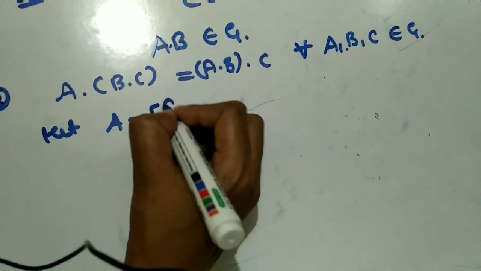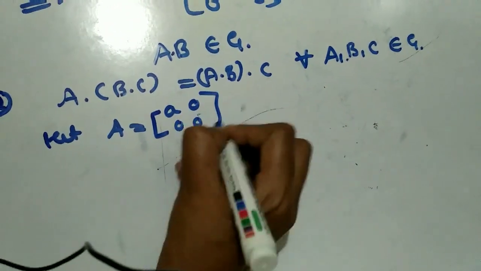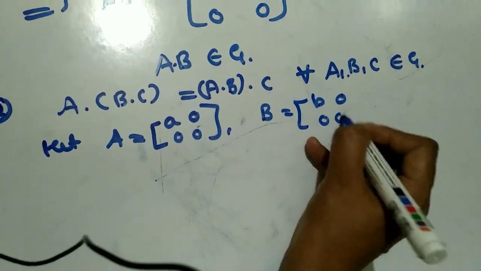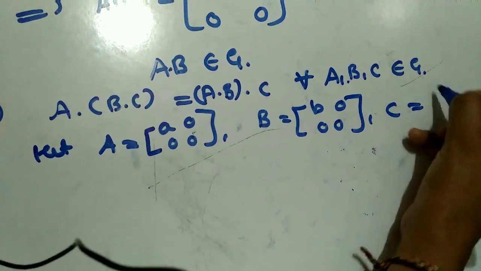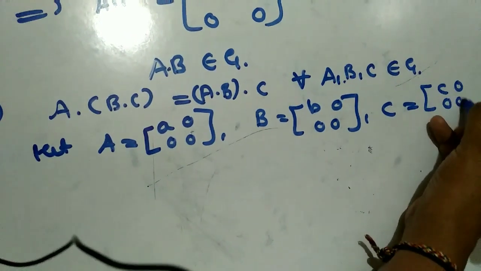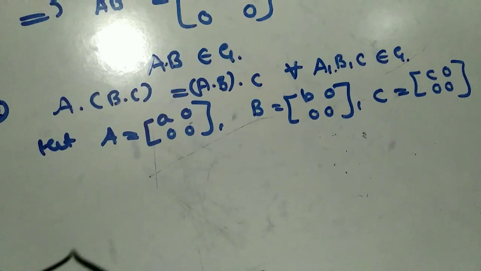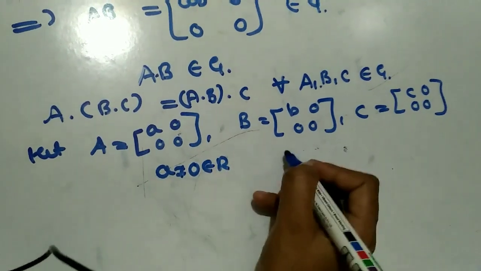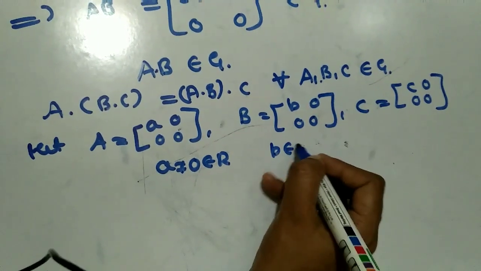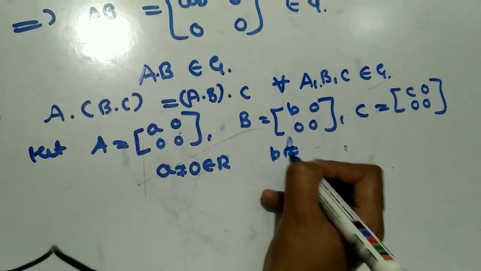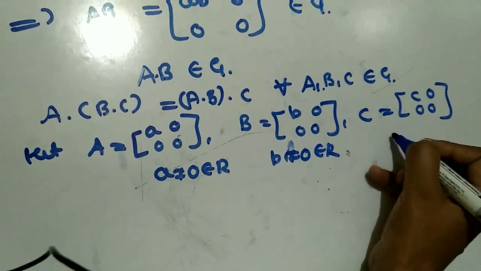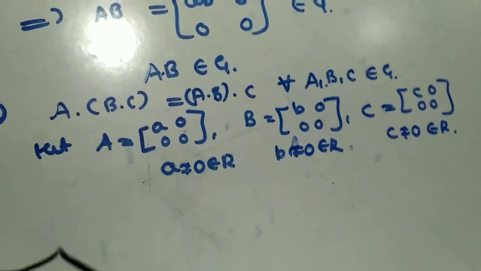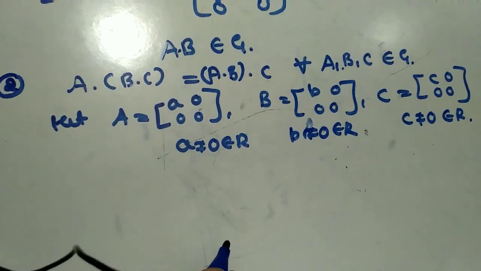So A is A, 0, 0, 0, B is B, 0, 0, 0, and C is C, 0, 0, 0. Here A is not equal to 0 but belongs to R, B is also not equal to 0 and belongs to R, and C is also not equal to 0 and belongs to R. R means real number set.